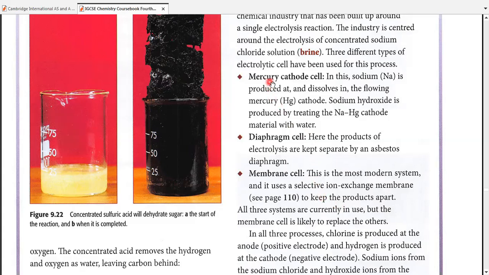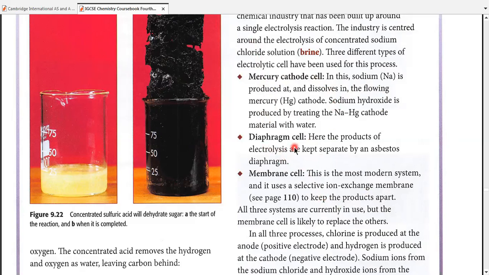Now, what are you going to cut and what are you going to keep? Keep the name mercury cathode cell in mind, but cut the paragraph written next to it. You're not supposed to memorize it. In all the reference books of IG and in the syllabus document, this information is extra and never have been a part of past paper. However, the name mercury cathode cell is something that you need to memorize.